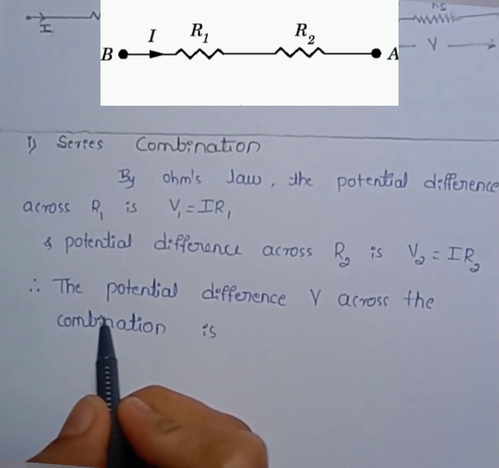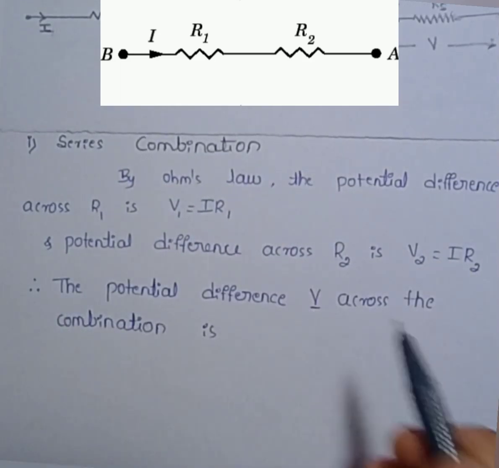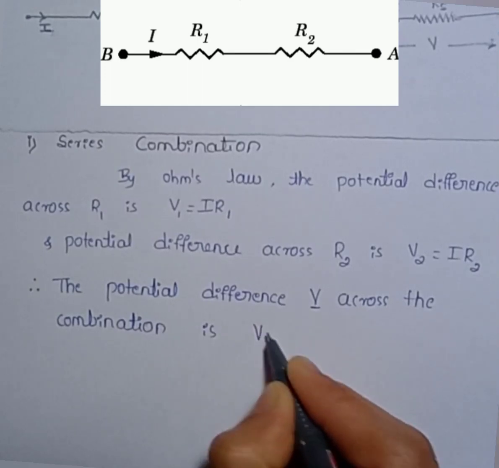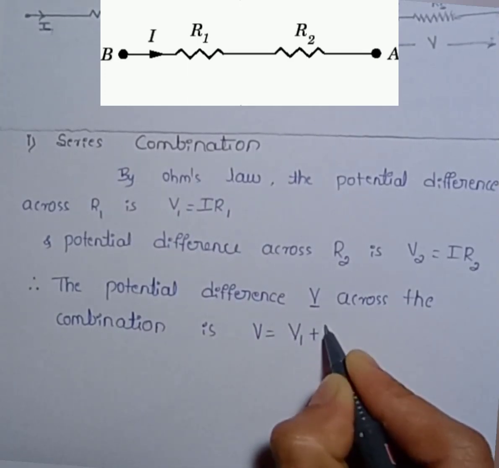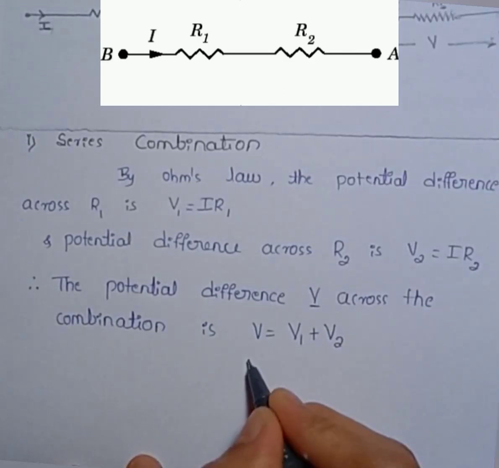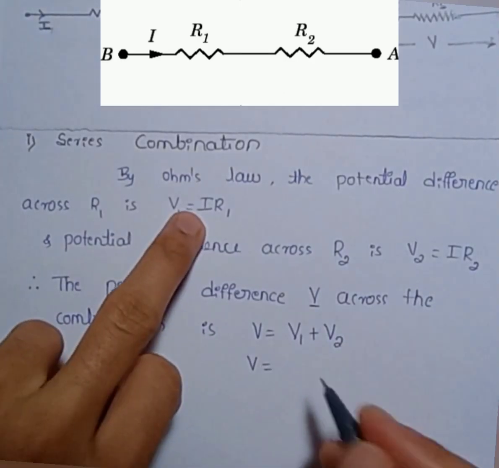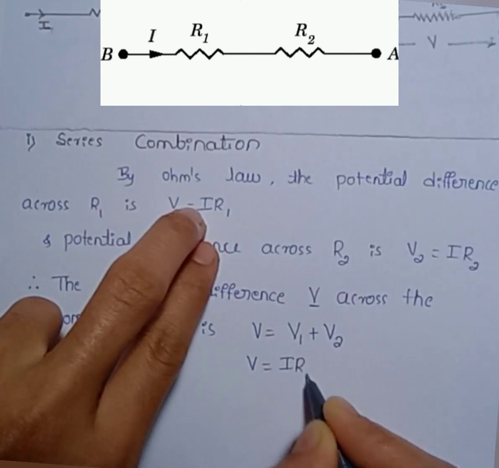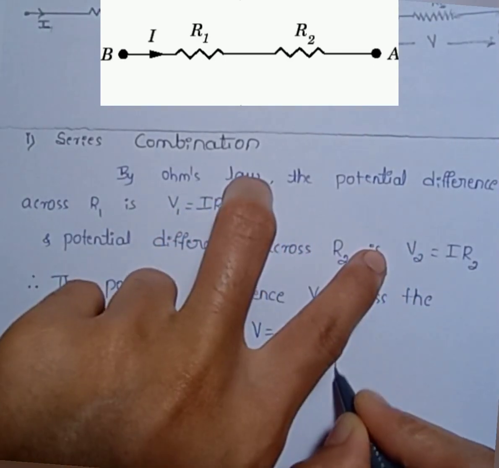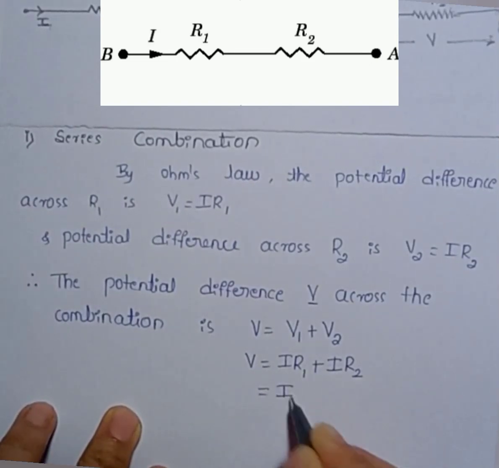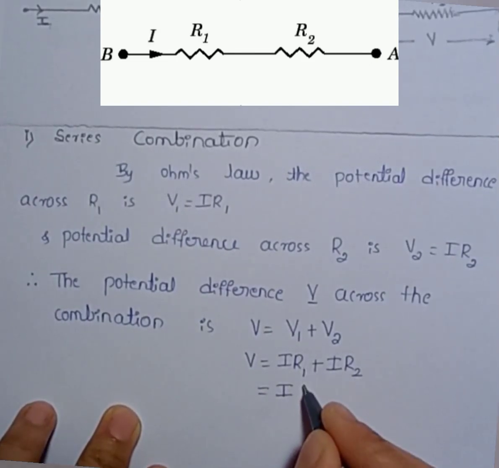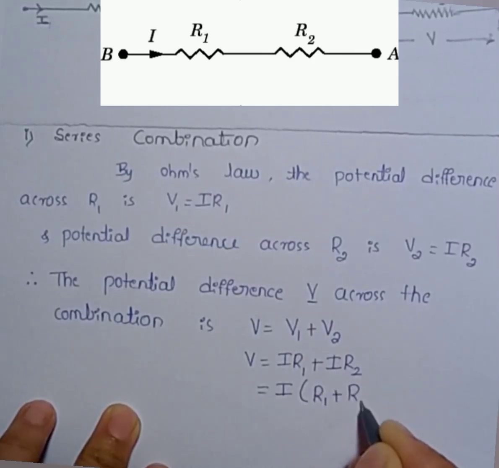Therefore, the potential difference V across the combination is the sum of the individual potentials, V1 plus V2. Here V is equal to I into R1 plus I into R2. Here I is common in both V1 and V2, so taking it outside, it becomes I into R1 plus R2.